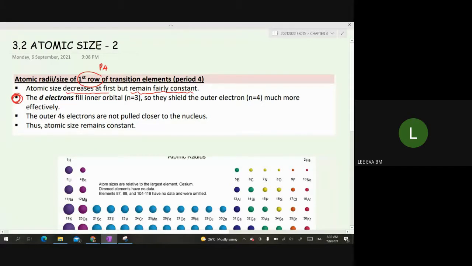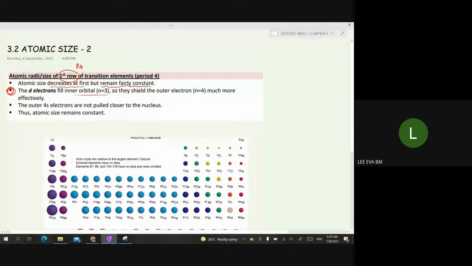The D electrons fill the inner orbital, n equals 3. Okay, so they shield the outer electrons, n equals 4, much more effectively. So I'm going to show you one example over here. Let's say this is our nucleus. And then for transition elements, we have 4 shells.